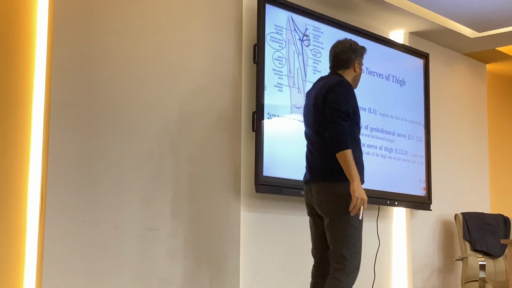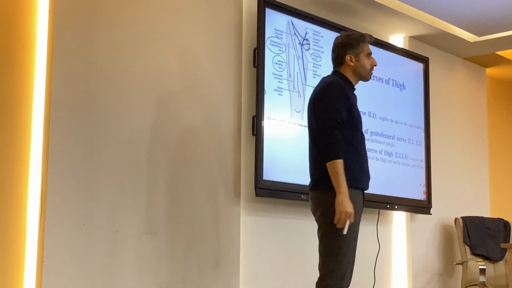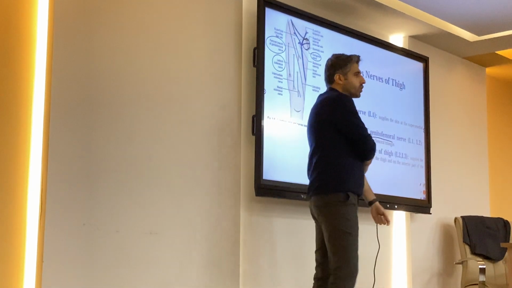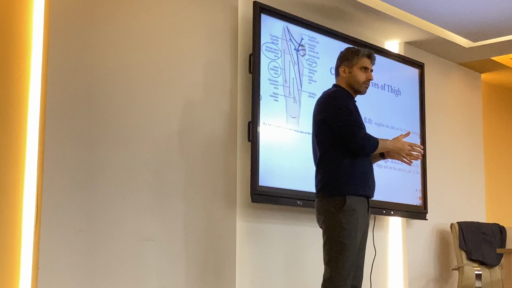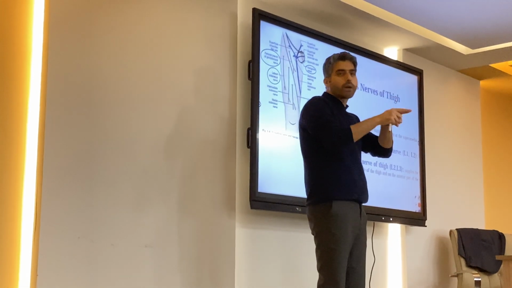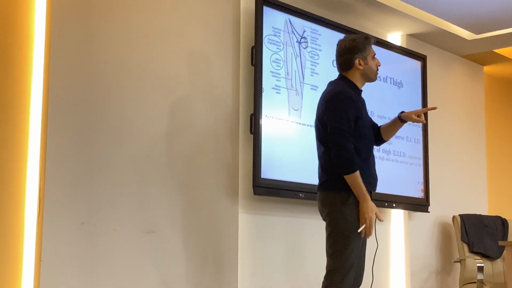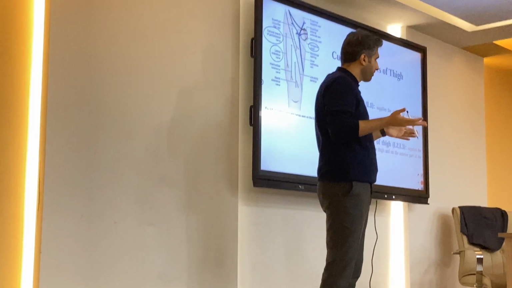Okay, ilioinguinal L1. Femoral branch of genitofemoral. Look at the name of the nerve. L1, L2. Genitofemoral. Genital system. Femur, thigh. It has two branches. One femoral branch for the femur, one genital branch for the genital system.